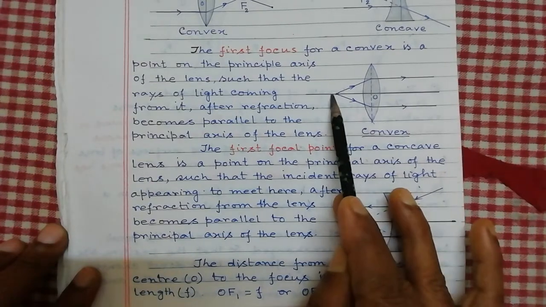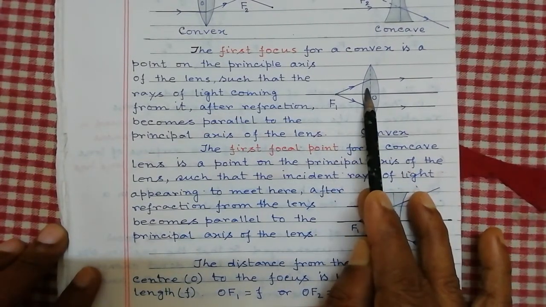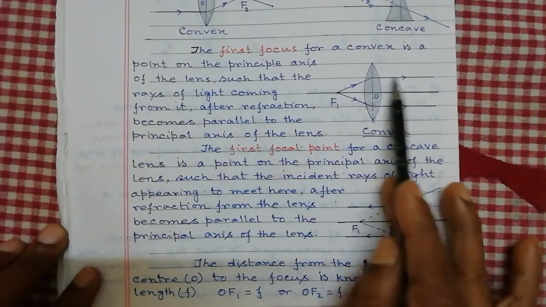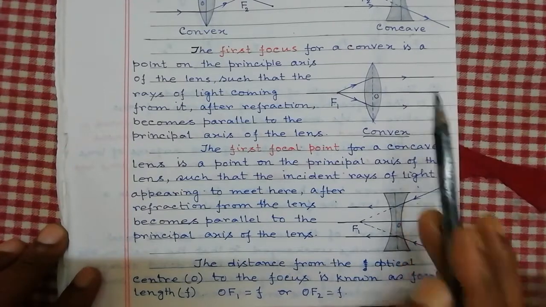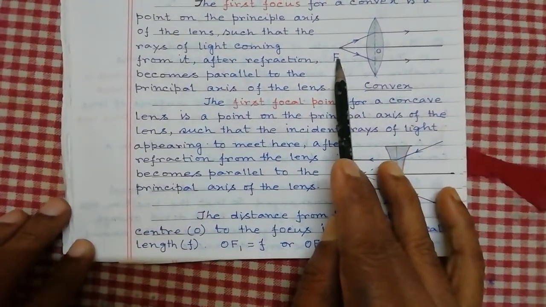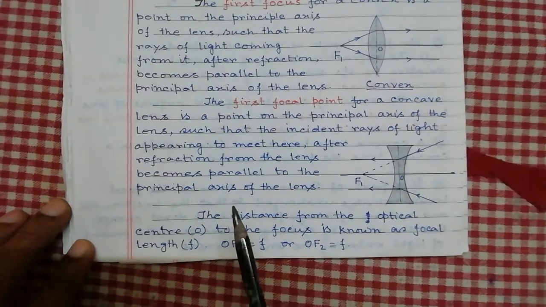So from the first focus, when light falls on the convex lens, after refraction the refracted ray becomes parallel to the principal axis. It is indicated by F1, and this F1 is also a real focus for the convex lens.